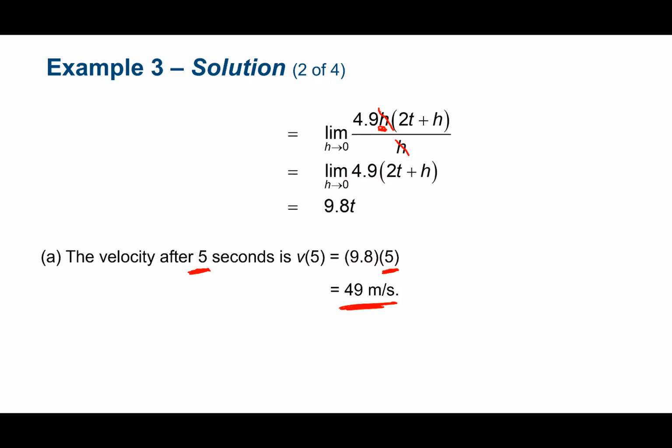Not too bad. The algebra on finding the limit is the part that can get messy. This one wasn't too bad. We had to FOIL a little bit, but it was not horrible, and then we had to see we had a common factor of h to factor out.